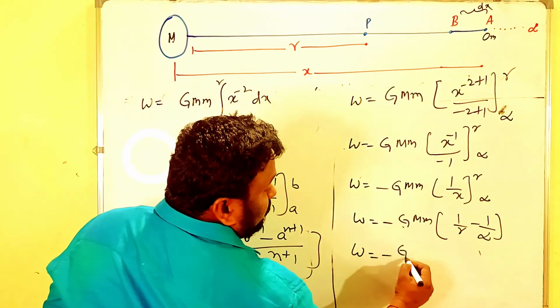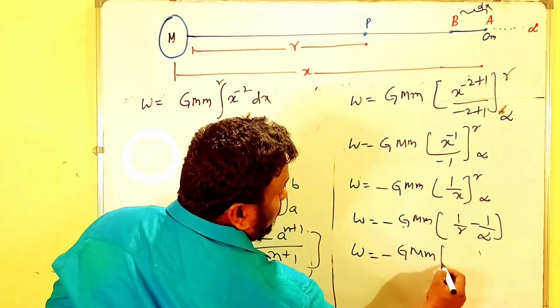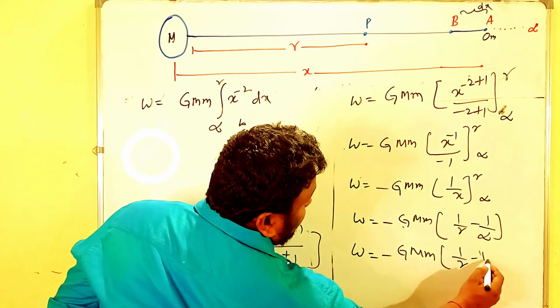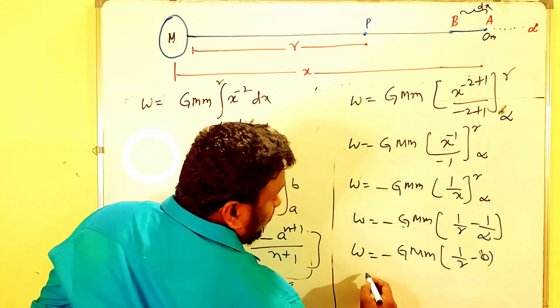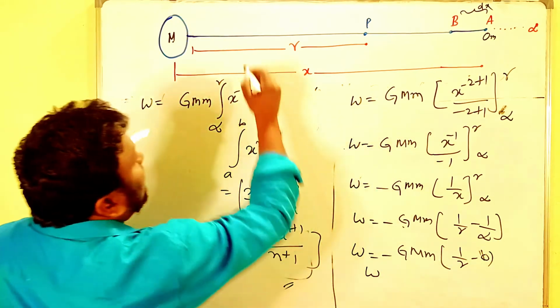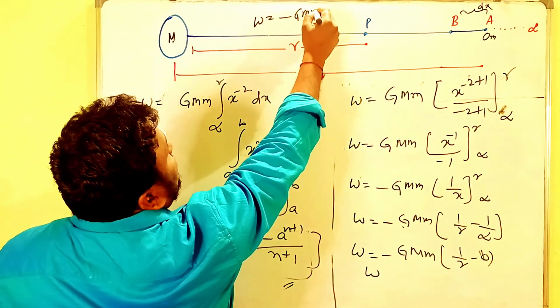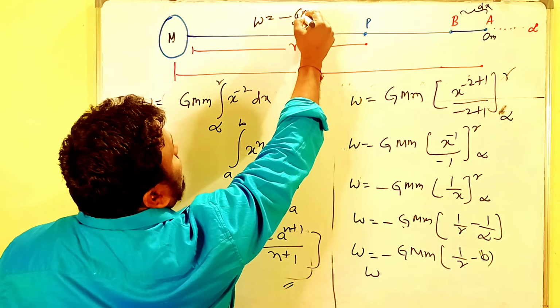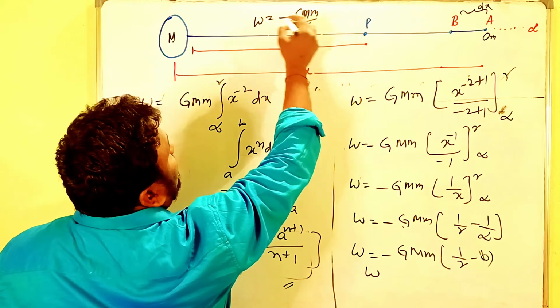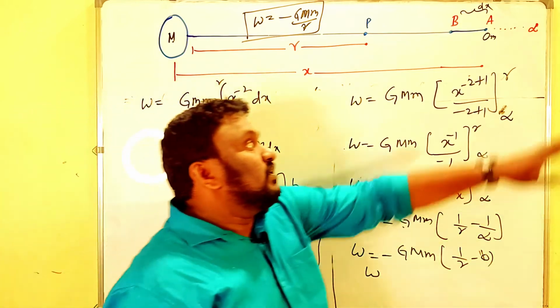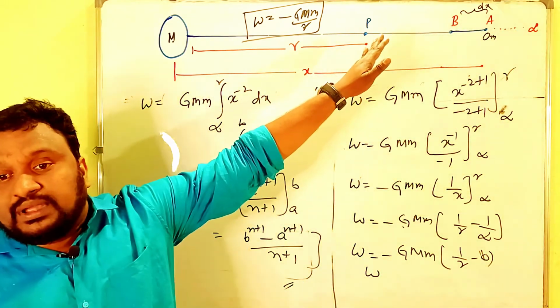W is equal to minus G M m by r. Capital M is there and small m is there, over r. This is the total amount of work done to move the body from infinity to the point P.